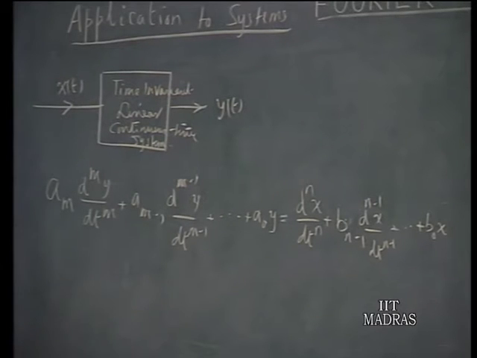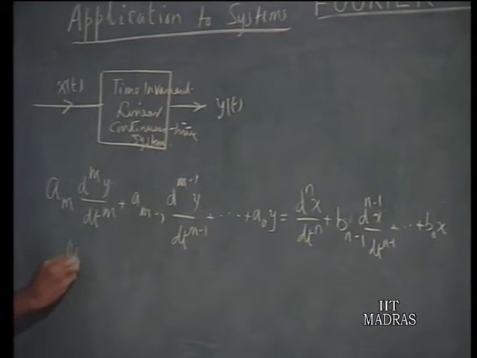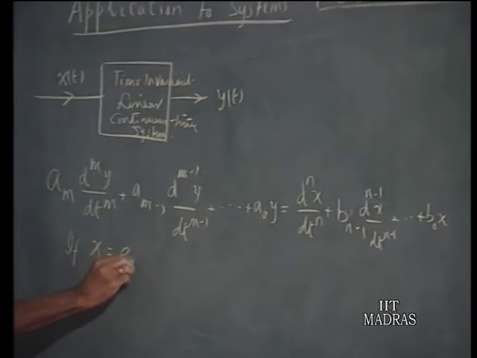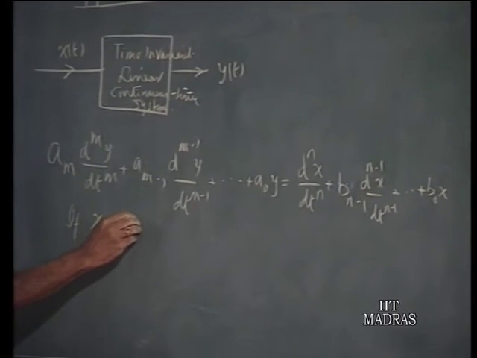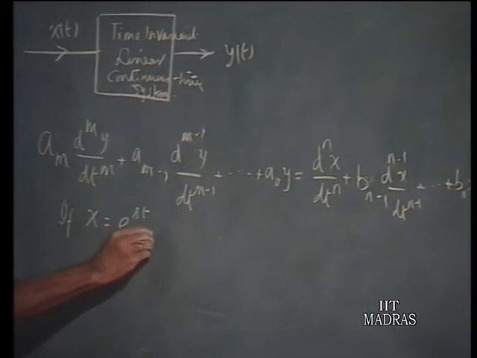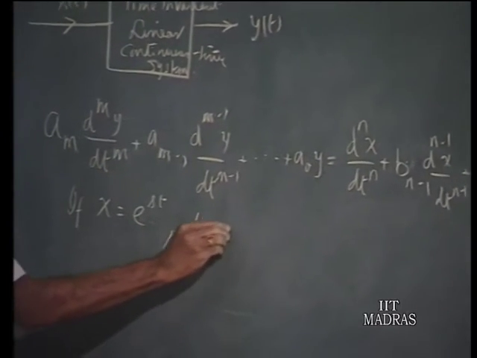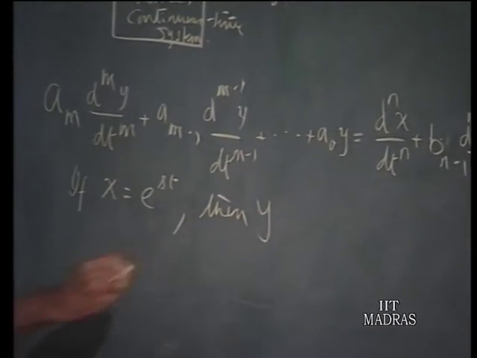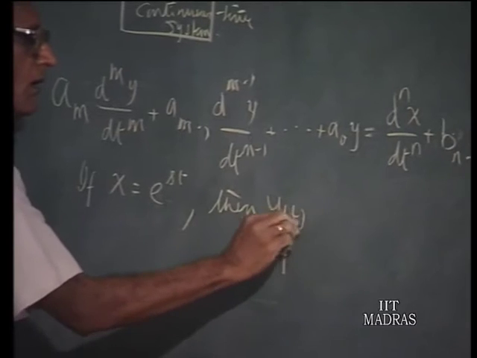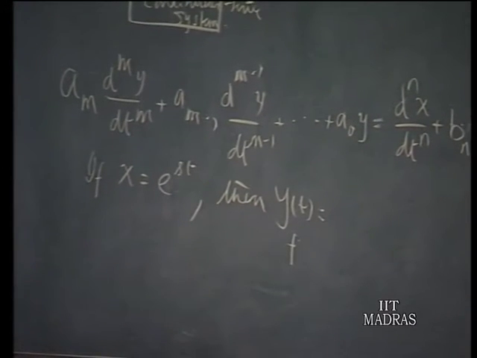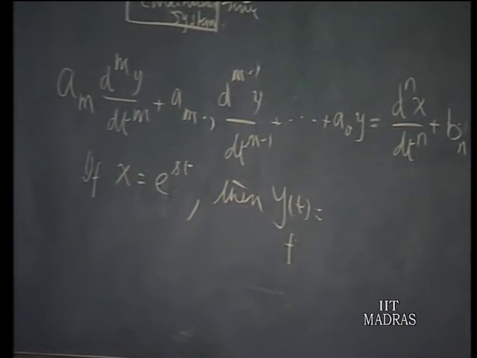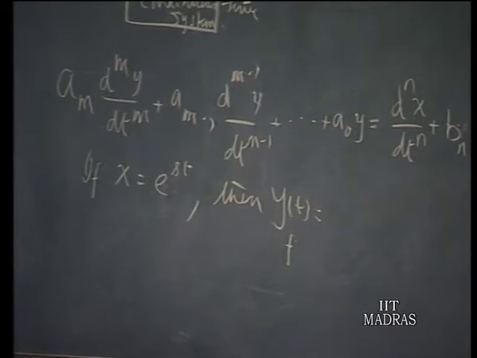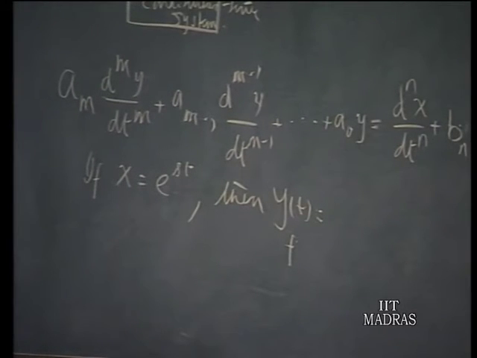In such a system, if the input x is e to the power of st, then the forced response will be obtained by taking, instead of the d operator, the equivalent s operator.